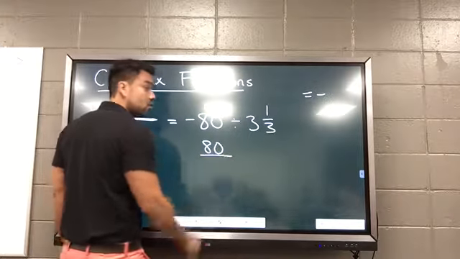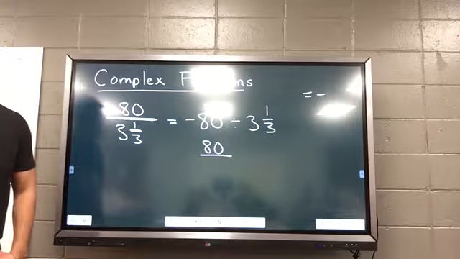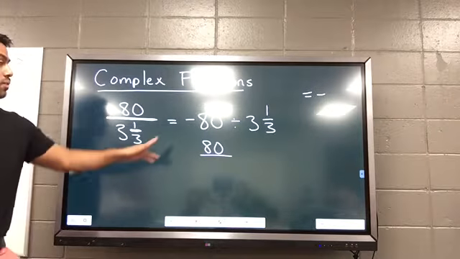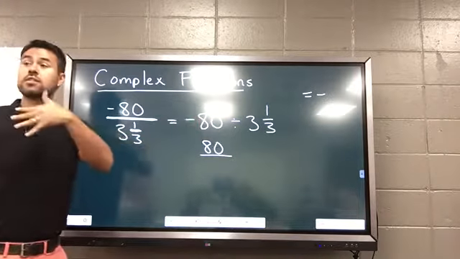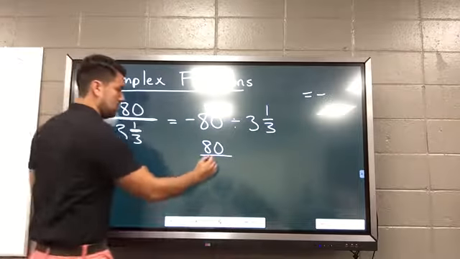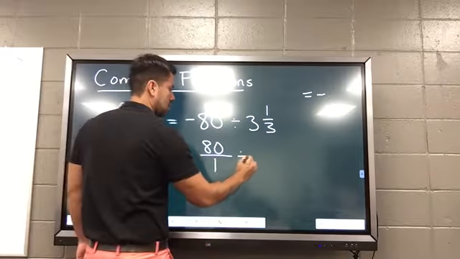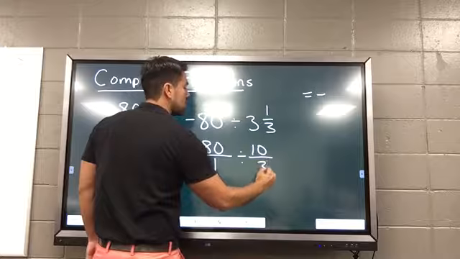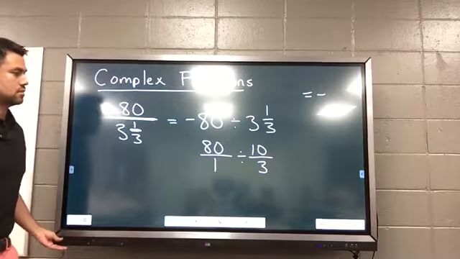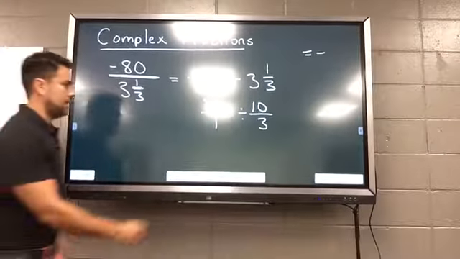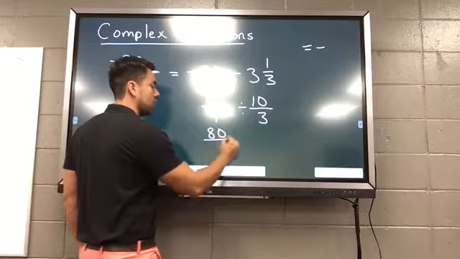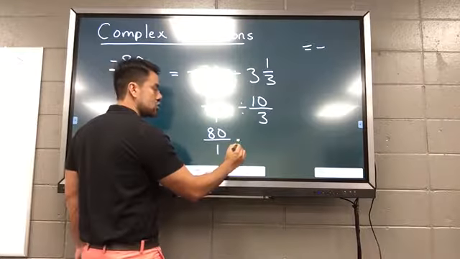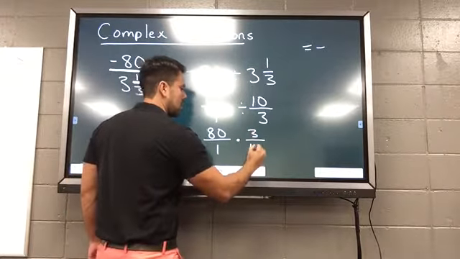Okay, you can do 3 1/3. That's going to give you 3 repeating. So that's a little harder to deal with when dividing by 80. So what's another option? You can put 80 over 1, and 3 times 3 plus 1 gives you 10 thirds. Then you switch that to expand. Yep. So we'll do 80 over 1. Change. Flip.